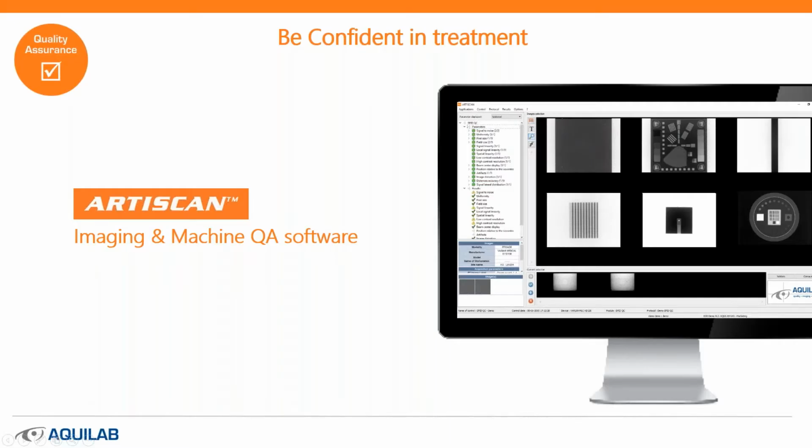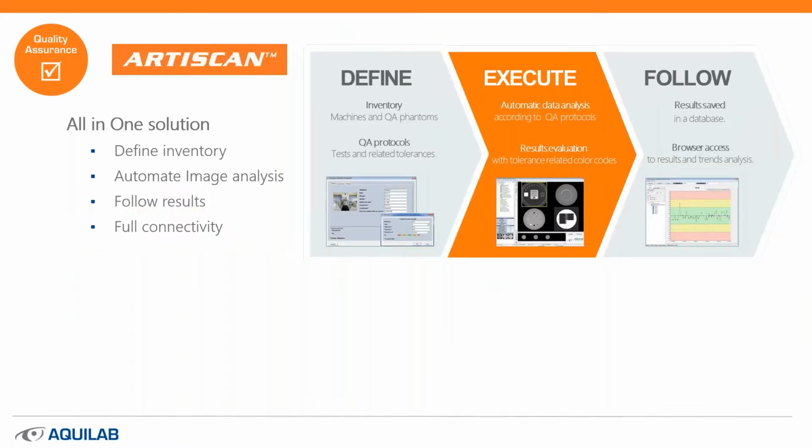Yes, thank you, Florence. So first, I would like to start with a little introduction about our solution, ARTISCAN. So this software is a full independent machine QA software. It is an all-in-one solution to ensure complete inventory of machines and QA tools and to define QA protocols and tolerances for each machine.